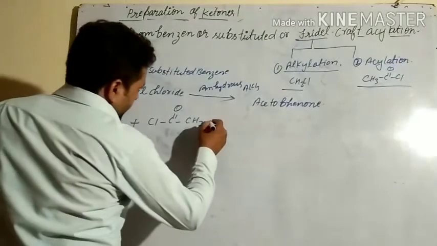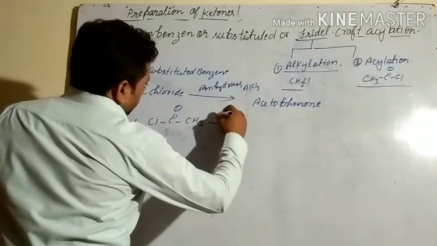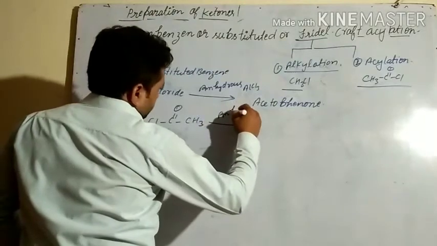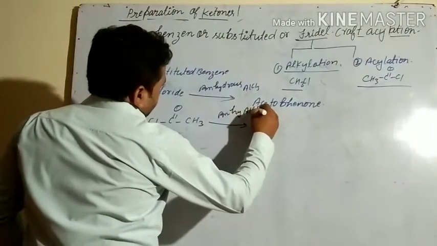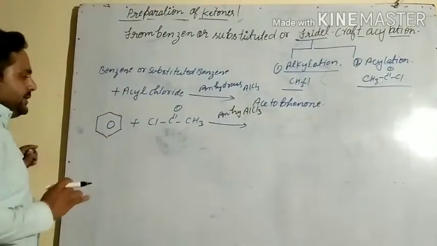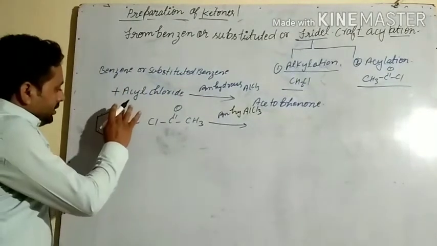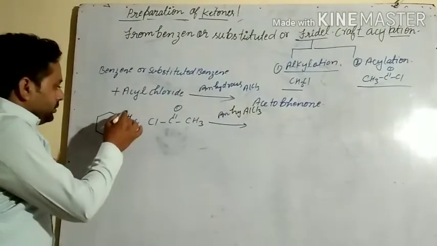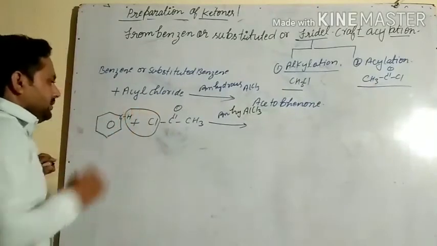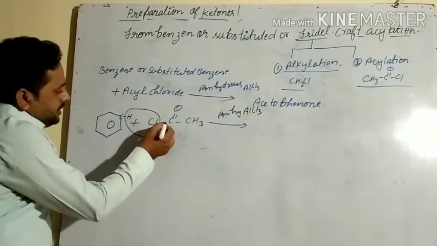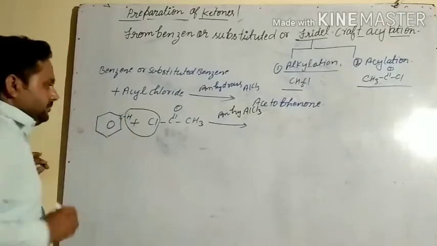Here in presence of anhydrous AlCl3, you know that at each position here carbon is bonded to one hydrogen, so these two will form HCl and that valency of carbon will be bonded to this carbon.